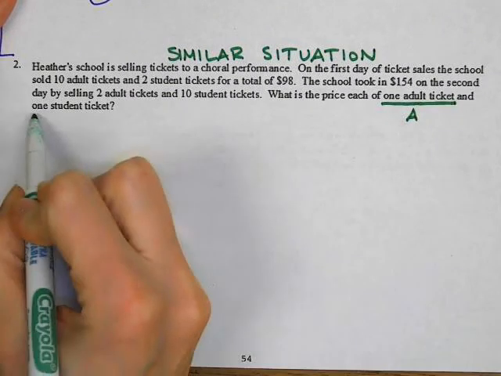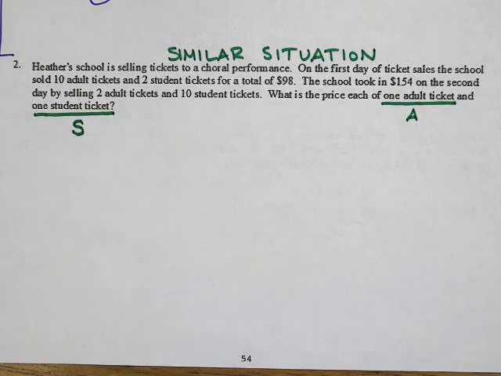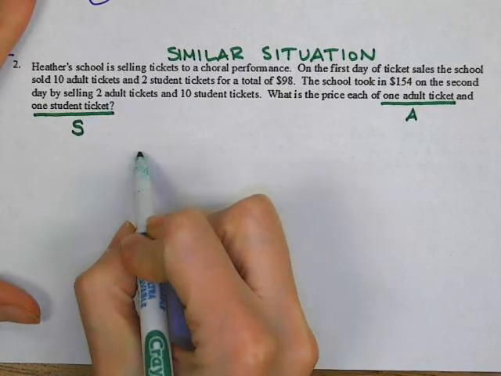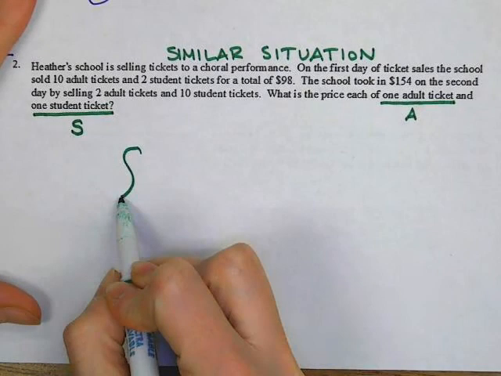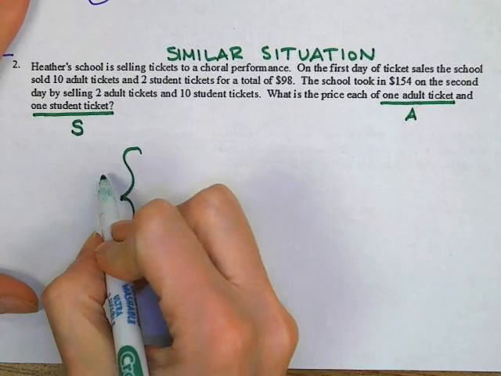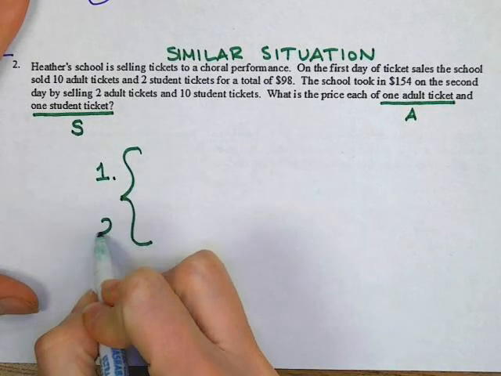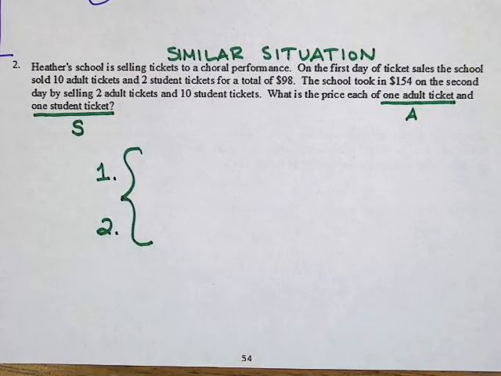And then the price of one student ticket, why don't we call that S? But again, X and Y could have been fine too. All right, so I want you guys to read the problem, and we're going to set up our system. But in this one, it's not going to be money and value. It's going to be situation 1 and situation 2. This one we have similar situations, and you'll see how to set these up. These are actually pretty easy to set up.